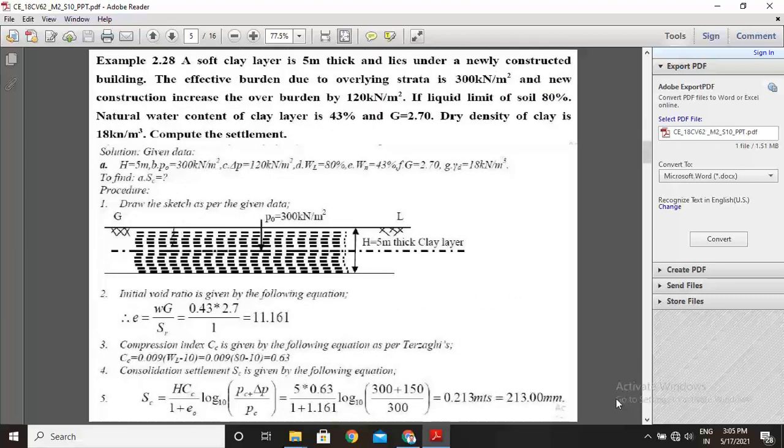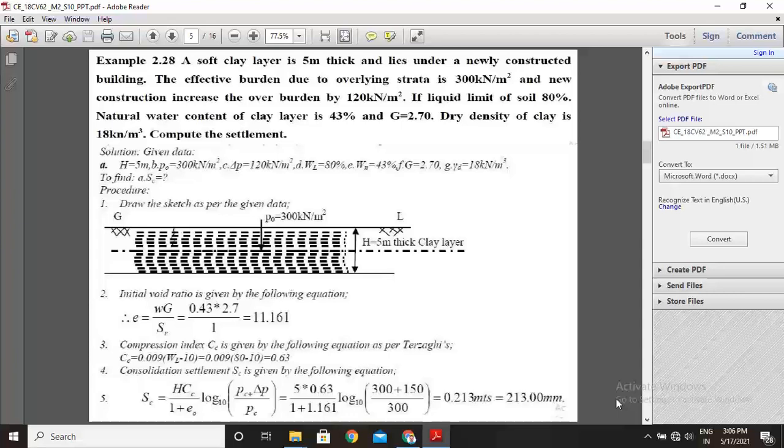Next problem. A soft clay layer is 5 meter thick and lies under a newly constructed building. The effective overburden due to overlying strata is 300 kilonewton per meter square, and new construction increases the overburden by 120 kilonewton per meter square.